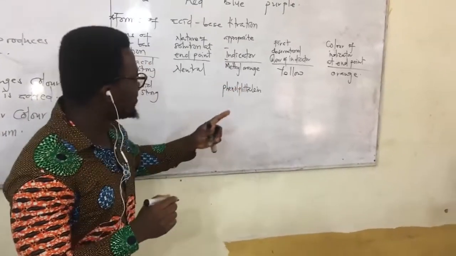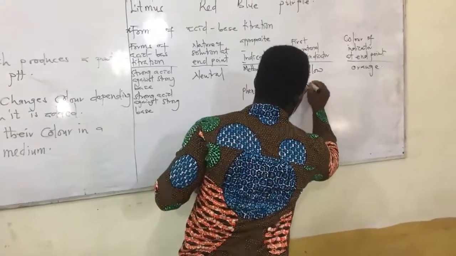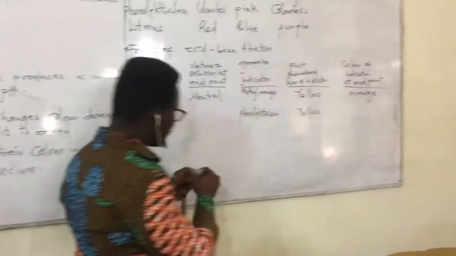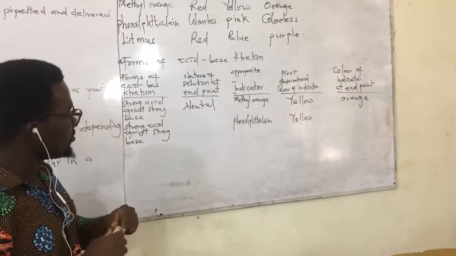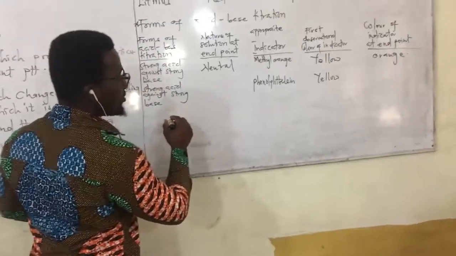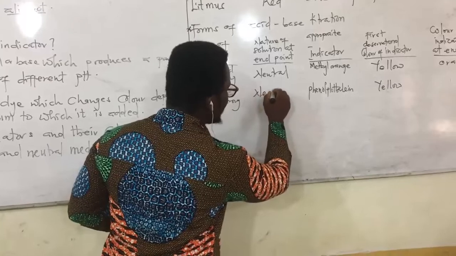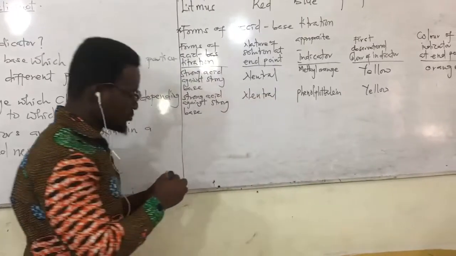The first observational color, we will still pipette the base, so it will be yellow. At endpoint, the solution will be neutral.